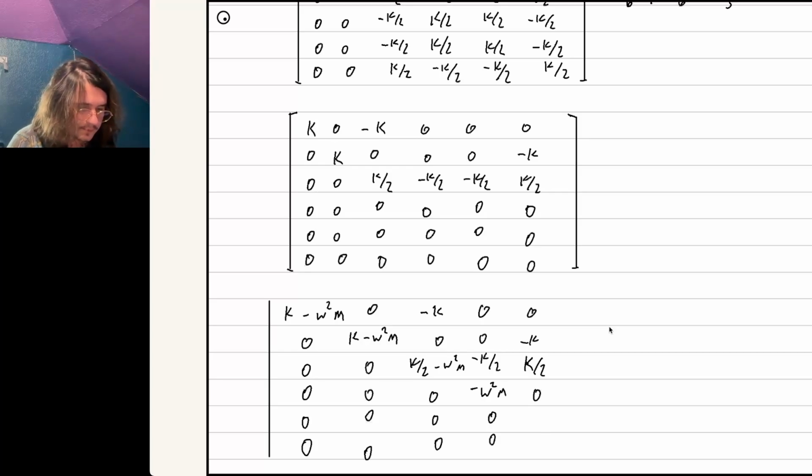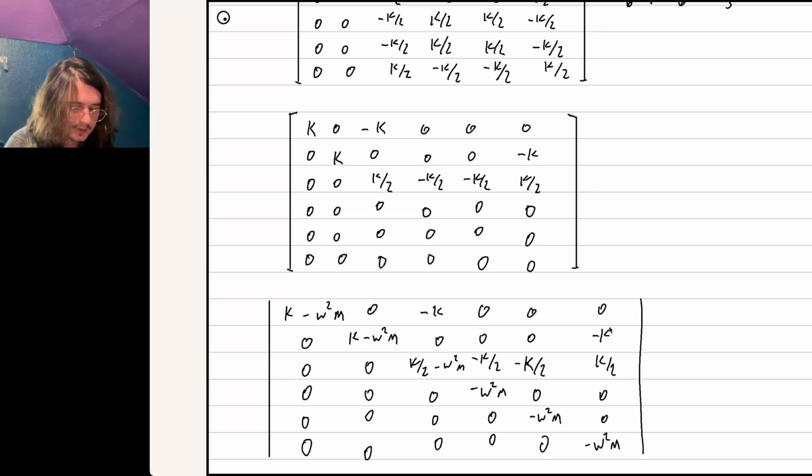Whoa. Oh, I skipped a row. My bad. And yeah, that's minus omega squared m. 0, 0, minus k, k over 2, 0, 0, minus omega squared m. That determinant should be equal to 0.